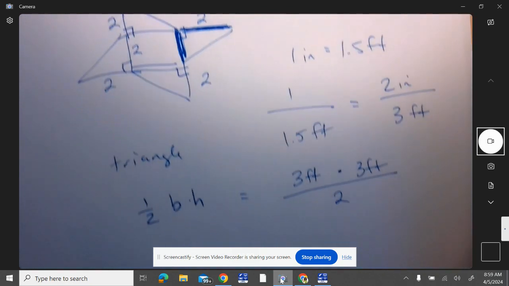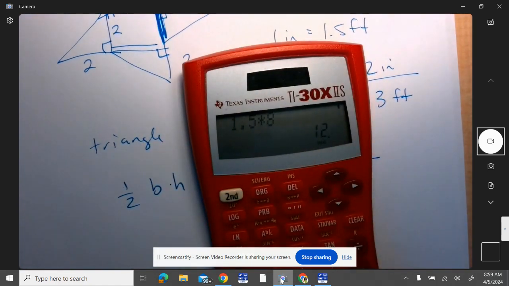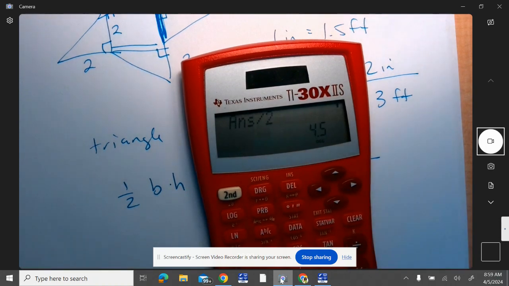Okay, so that is the area for that triangle right there. So let me put that in my calculator. I would have base times height divided by 2, which is 4.5. So the area of that one triangle is 4.5.